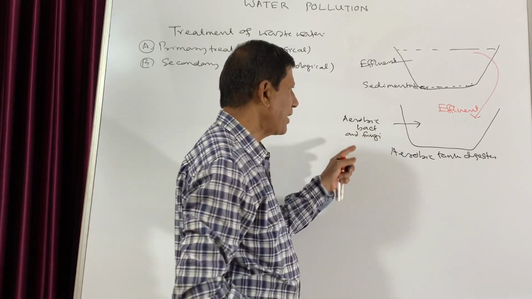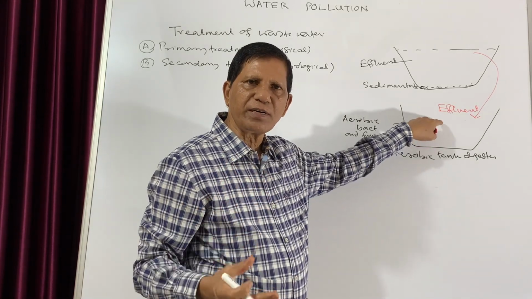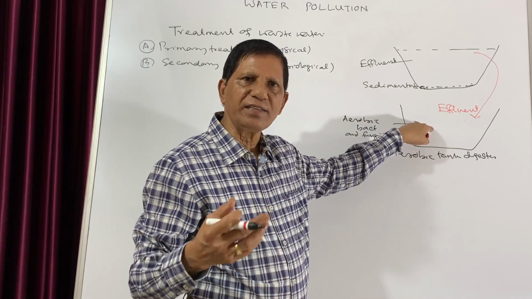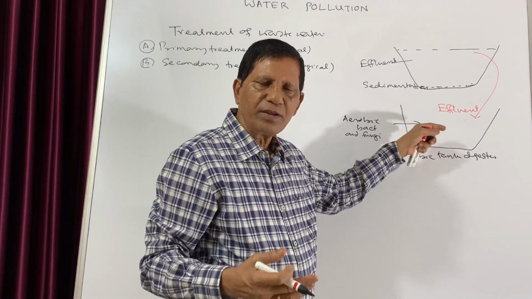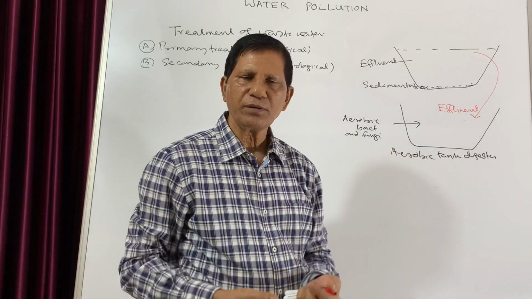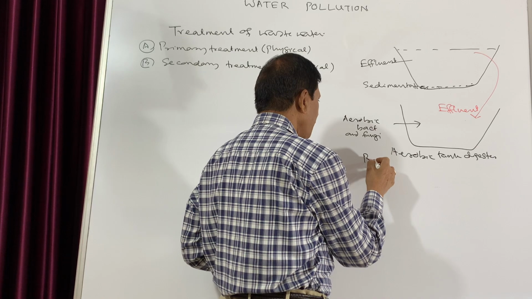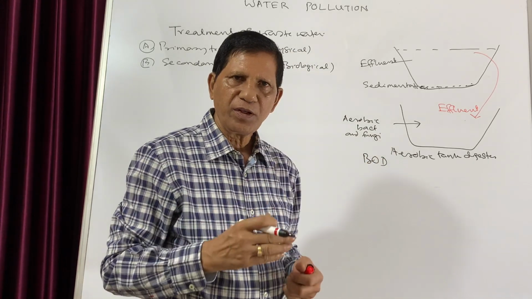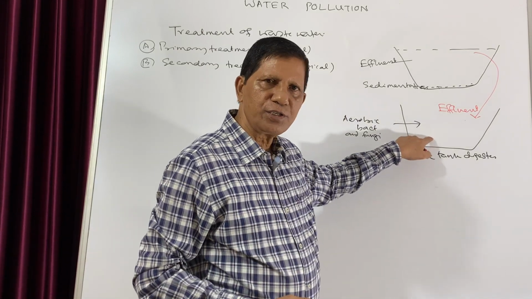Now these aerobic bacteria and fungi will act upon the different organic materials present in this effluent, and they will start digesting them. Since they are aerobic, they will require a lot of oxygen.